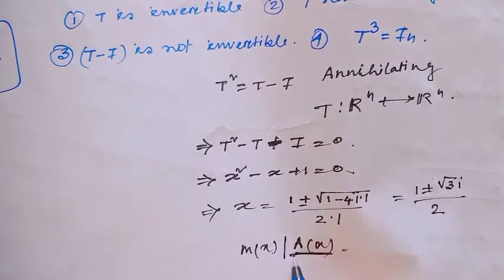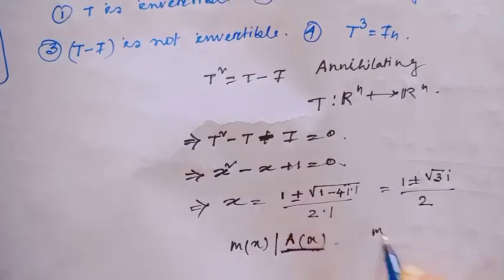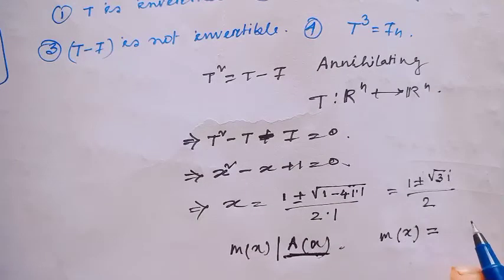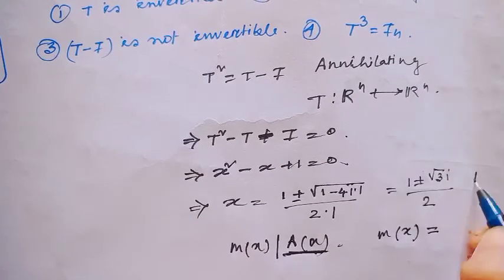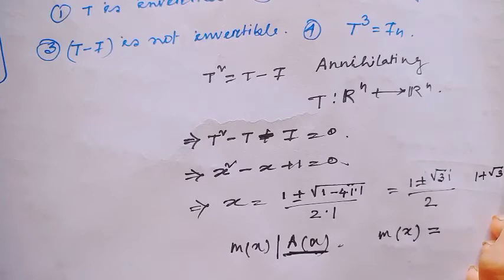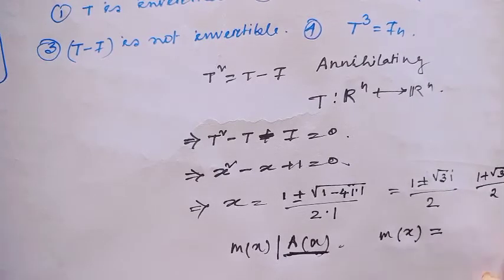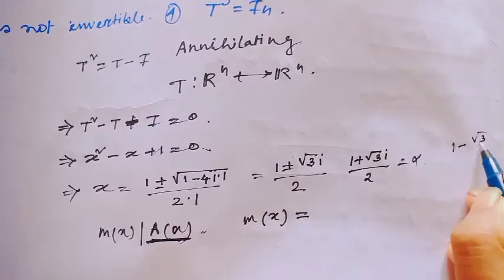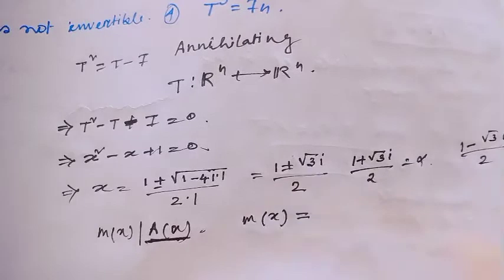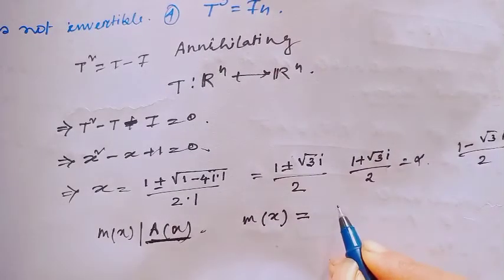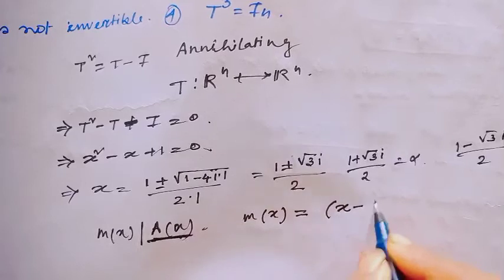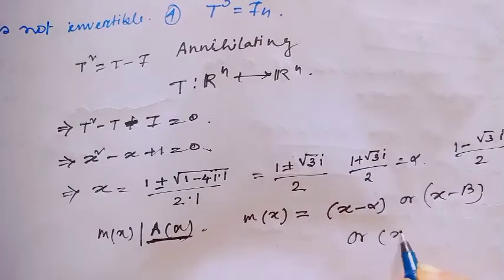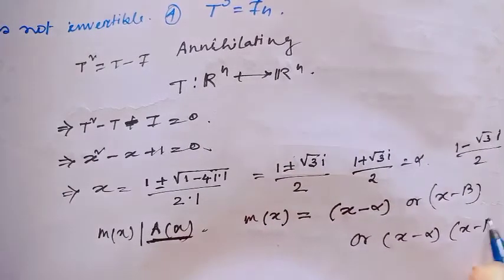That means, if we consider one root, 1 plus root 3i over 2, equal to alpha, and the other root, 1 minus root 3i over 2, equal to beta, then m(x) would be either x minus alpha, or x minus beta, or x minus alpha times x minus beta.